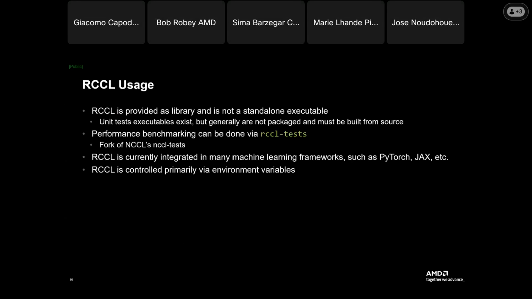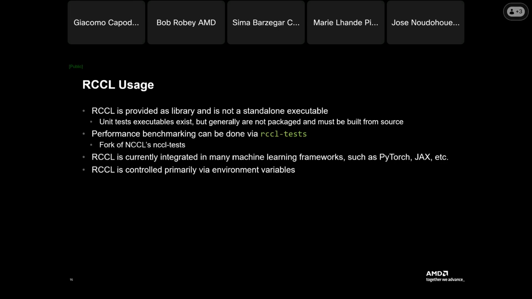RCCL is provided as a library, and it is not a standalone executable. We have different kinds of tests that you can access and play with to see the performance, what is going on, how it works, and the performance you can get out of this.